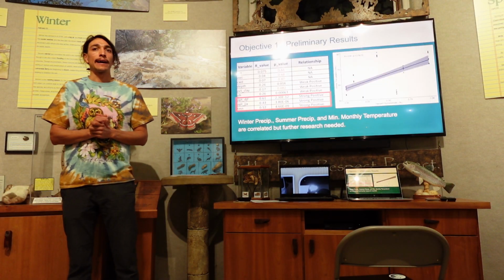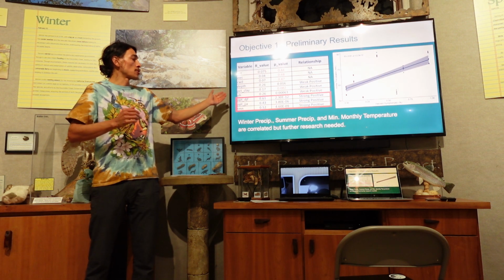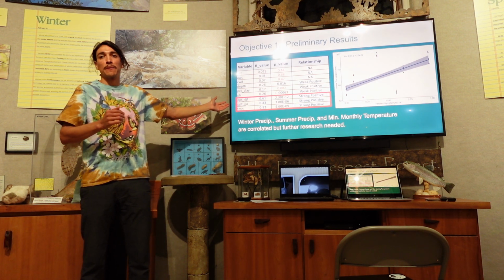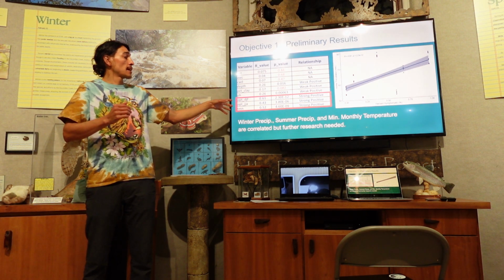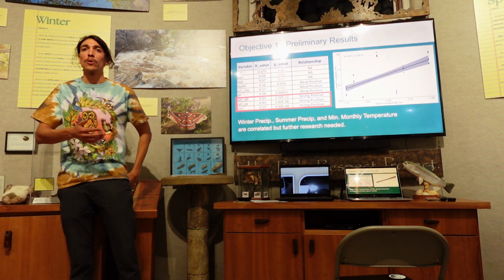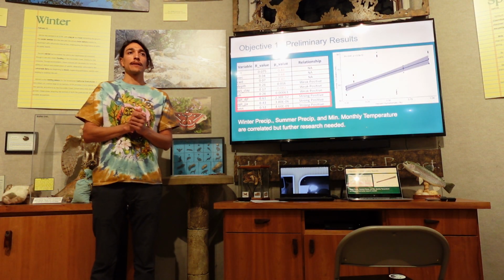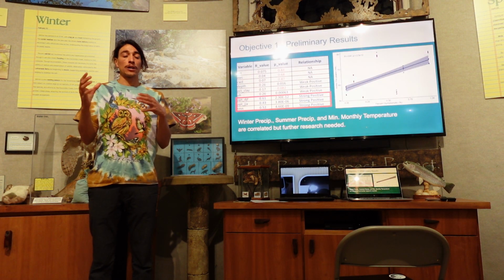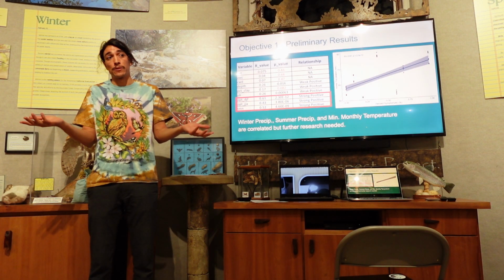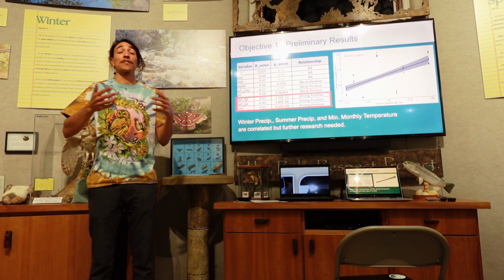And I found that there was a strong correlation between winter and summer precipitation as well as minimum monthly temperature. These values seem to be the most correlated with the presence of symptomatic acorns, which isn't surprising because in a paper I've read, they attributed acorn production most to precipitation and temperature. However, I do want to emphasize that this is nothing more than a correlation.